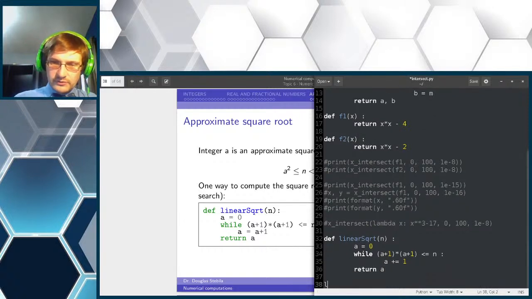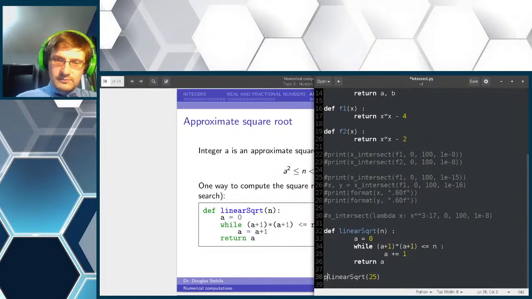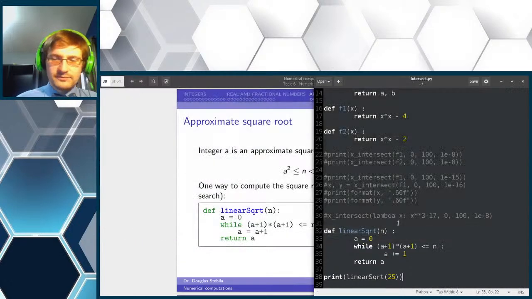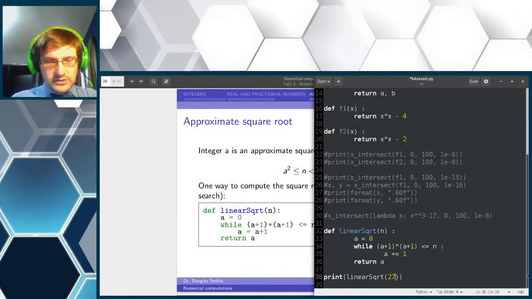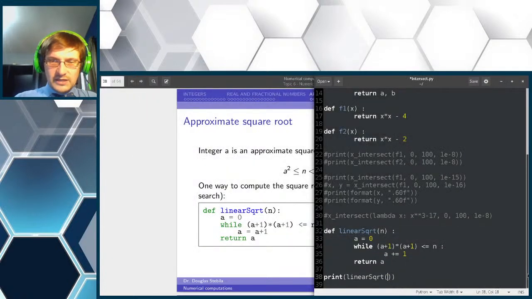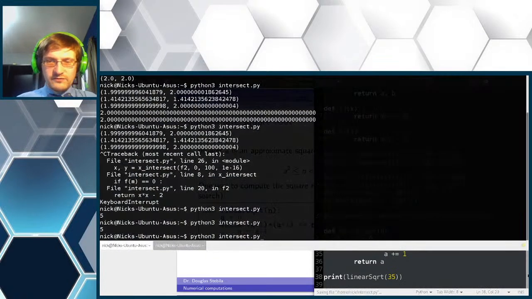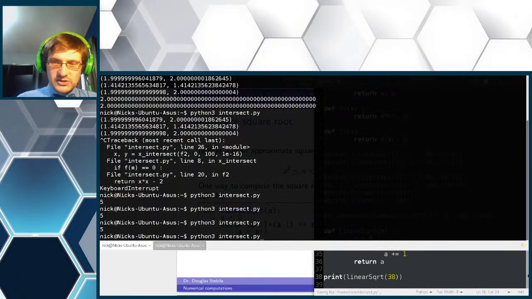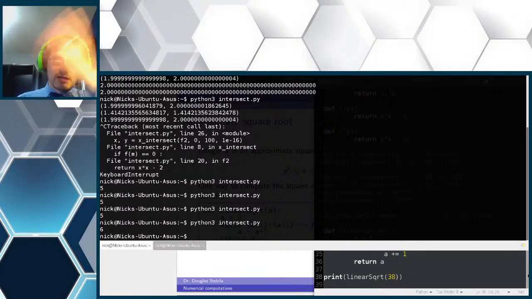The linear square root of 25, for example, will be 5. The linear square root of 27 will be 5 as well. The linear square root of 35 will also be 5, but as soon as you go to 36, which is 6 squared, it goes to 6.